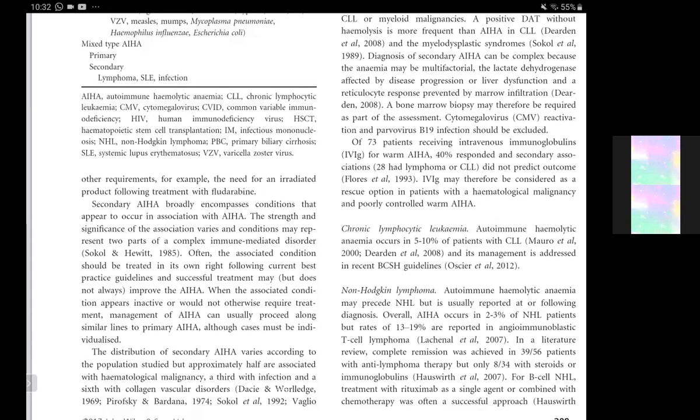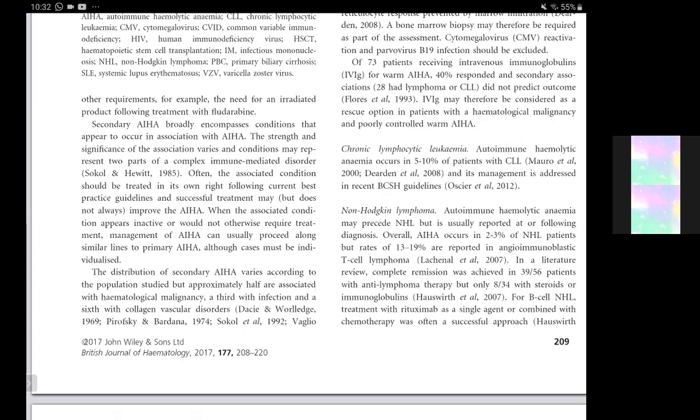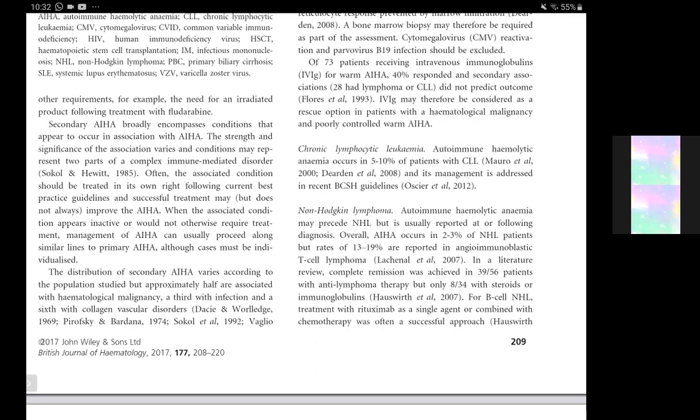Now, the distribution of secondary autoimmune hemolytic anemia varies according to the population studied, but approximately half are associated with hematological malignancy and a third with infection. So most of the causes of secondary are those associated with malignancies, and the hematological malignancies are the most common, rather than the non-hematological malignancies.